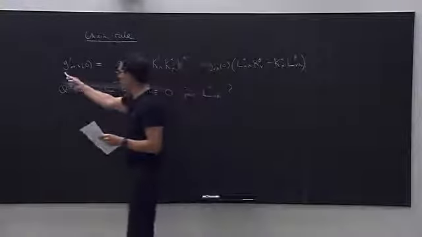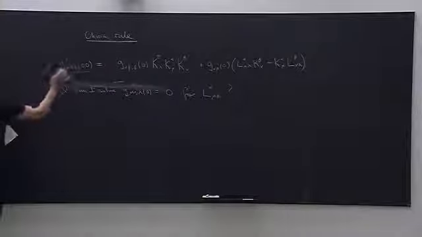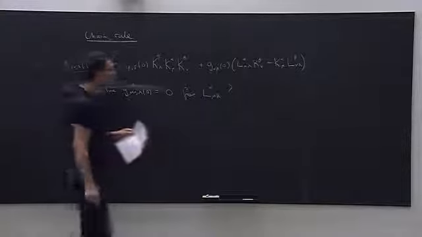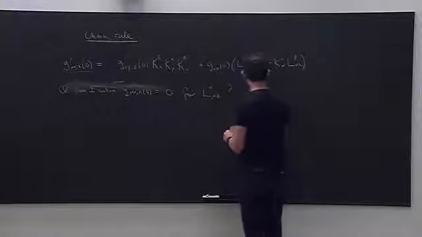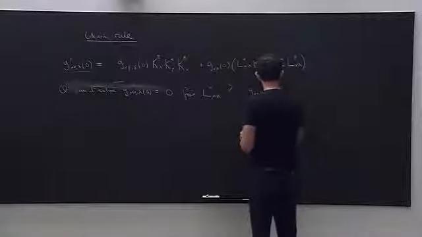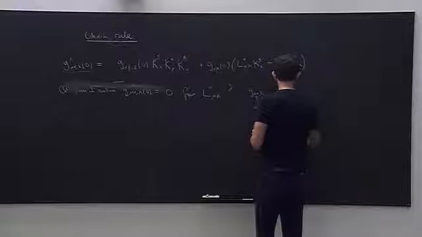Well, how many of these quantities are there? G prime mu nu comma lambda is a symmetric matrix, so it has d times d plus 1 over 2 components.